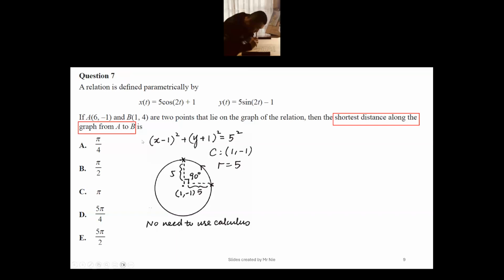The shortest distance along the graph, which is along the circle, is going to be a quarter of the circumference. So you can just use radius times the radian angle here, which gives you a quarter times pi times 10, and that is 5 pi over 2. So option E is the correct answer.